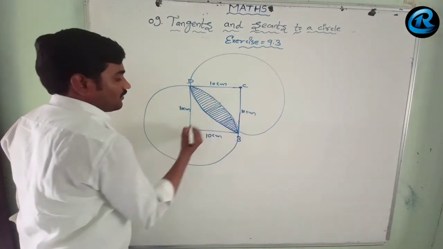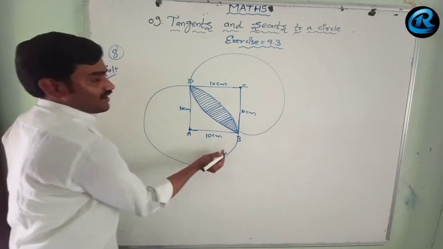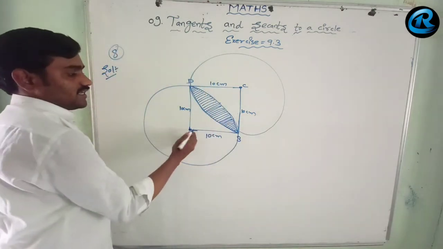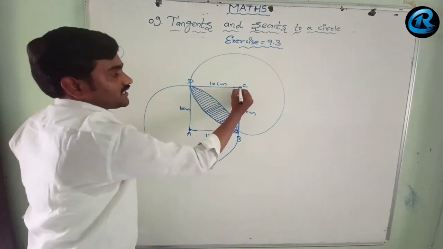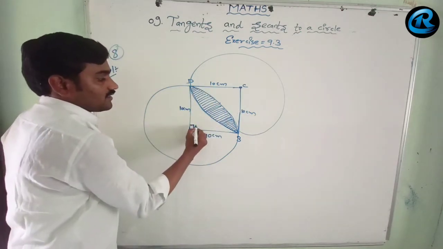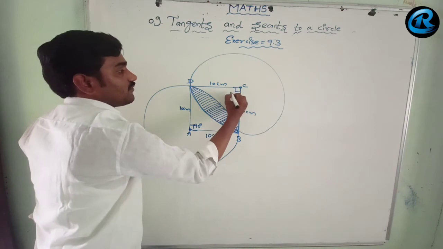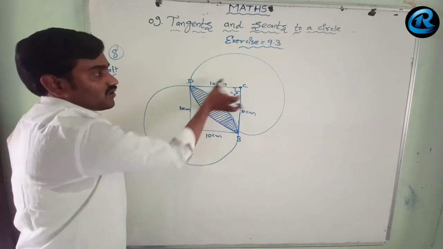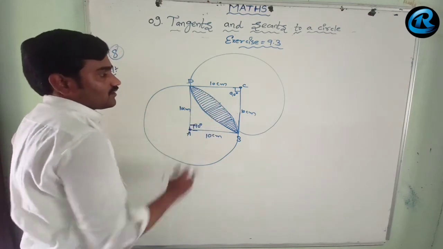With the center A there is one arc, and with the center C there is one more circle. That means only quadrant circles are given. Okay.